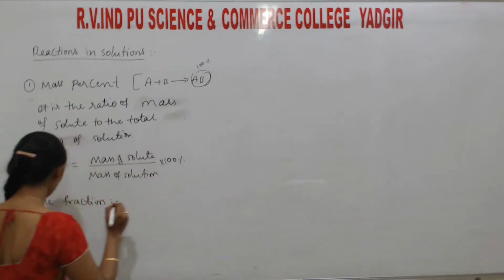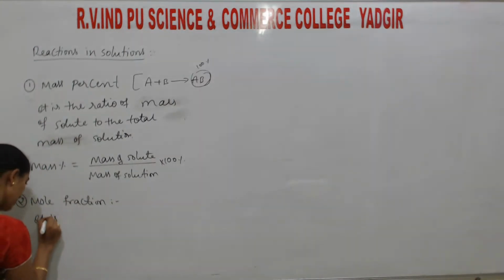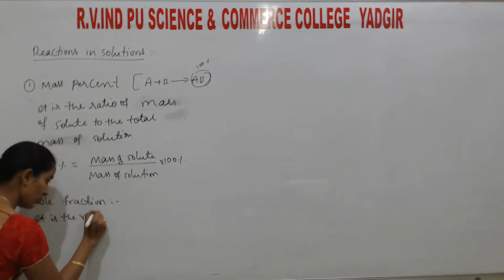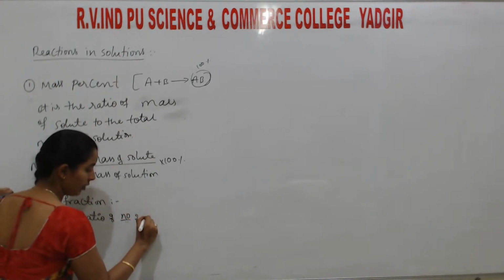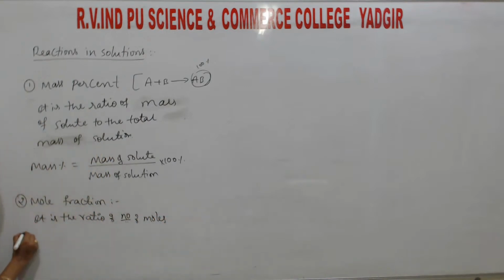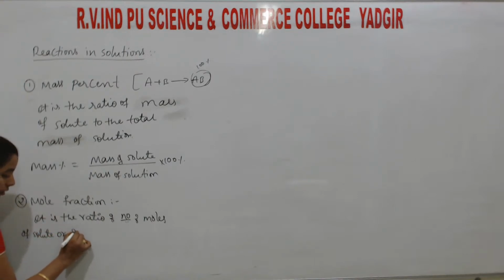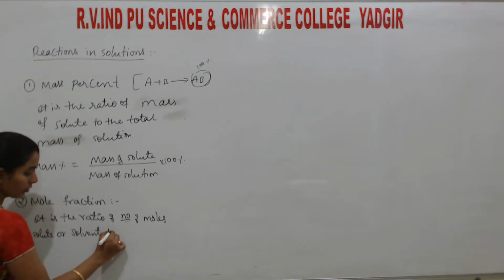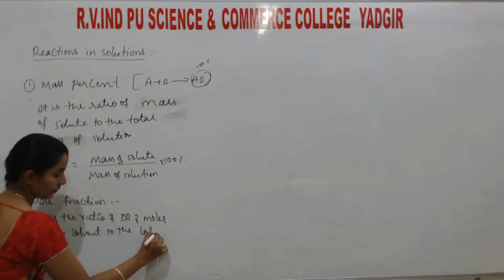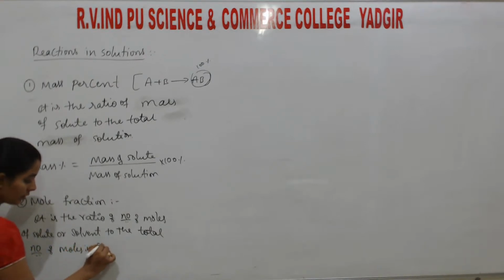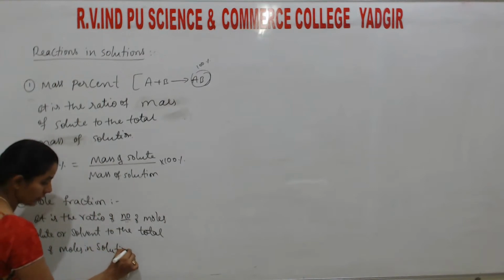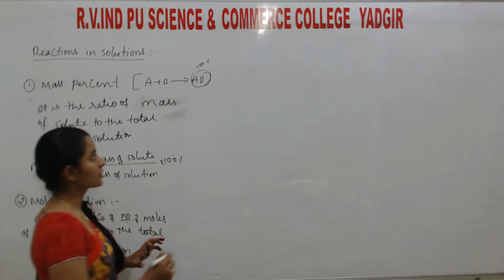So listen, it is the ratio of number of moles of solute or solvent to the total number of moles in solution. So students, the mathematical expression I write here.